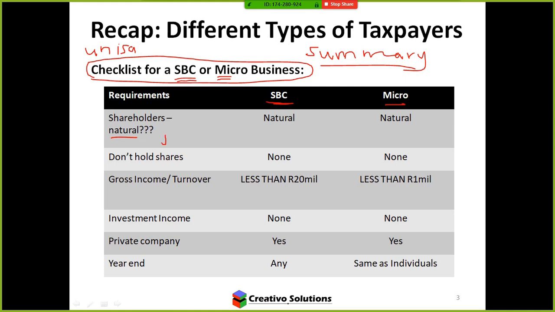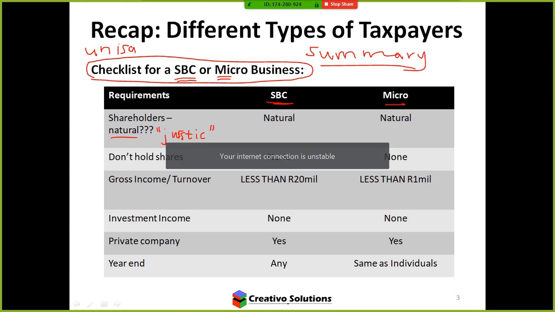When I say unnatural, we're referring to juristic persons. A company or a CC would be a juristic person. Juristic meaning in the eyes of the law, they're seen as an individual and they can transact and they can do certain things.